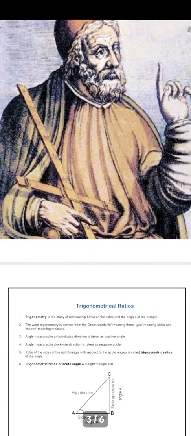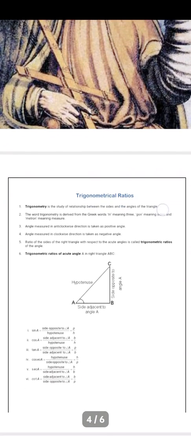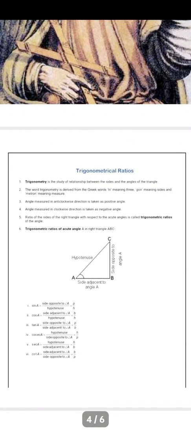So let's move on. We are now understanding trigonometrical ratios, which are a part of trigonometry. Basically there are 6 trigonometrical ratios: sine, cos, tan, cot, sec, cosec.